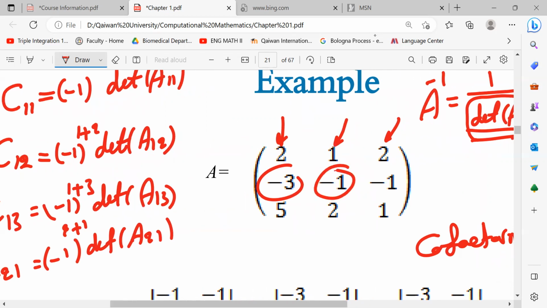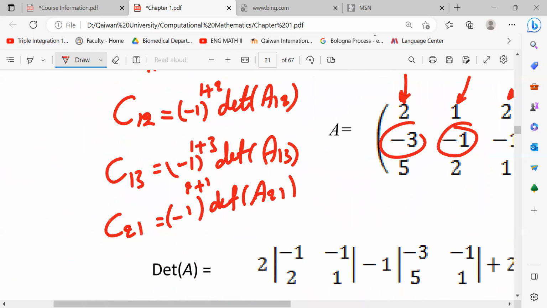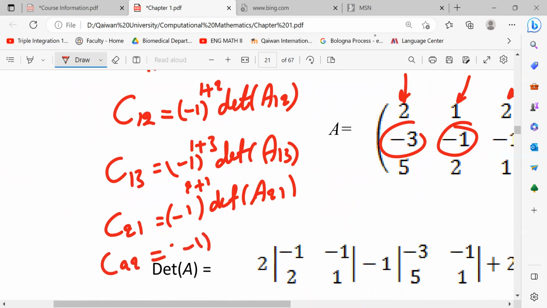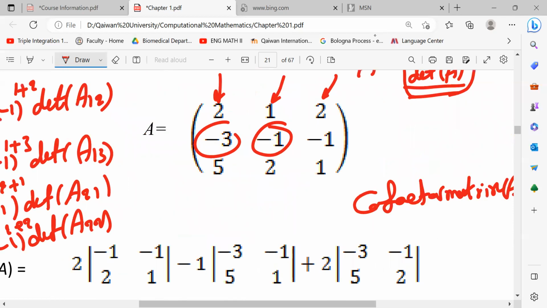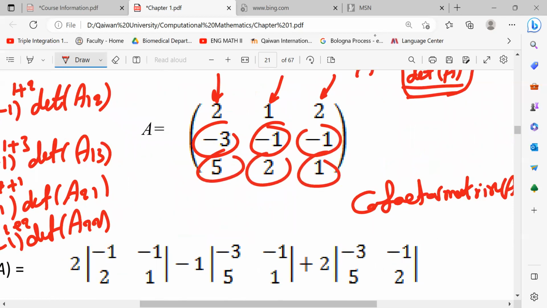And here is C22, which is -1 to the power 2 plus 2, determinant of A22. And so on for these four also. Okay, we find these all.